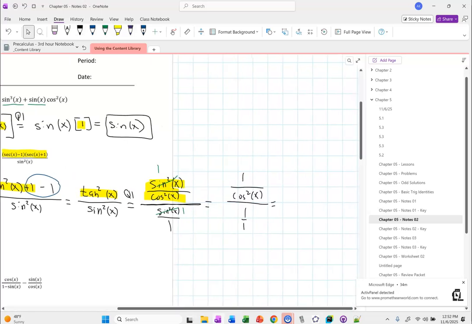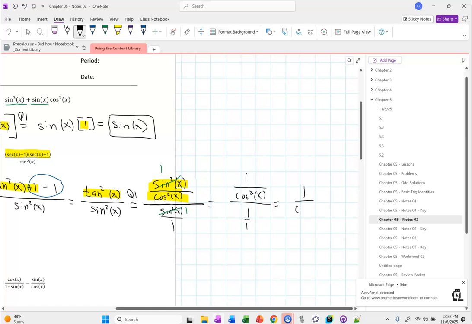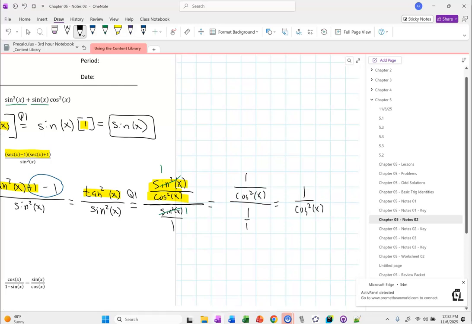So this is really just that, right? 1 over cosine squared over 1 is just 1 over cosine squared. Now we're down to a single fraction. But what's better than a fraction? Not a fraction. So this has 1 over a trig function. When I see that, the place where I'm going to look on my identity sheet is the reciprocal identities at the top.